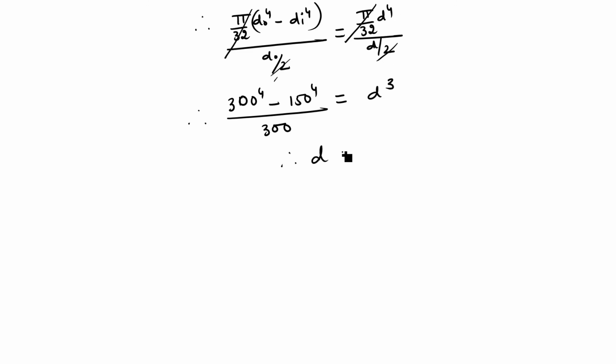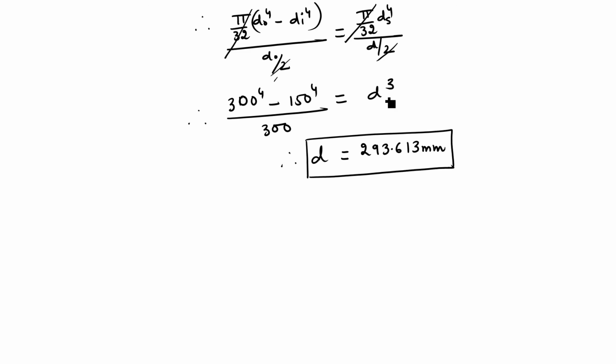Therefore, diameter will be 293.613 mm for the solid shaft. If you want, you can write this as ds, as I have already written in the question. So this is my first answer.